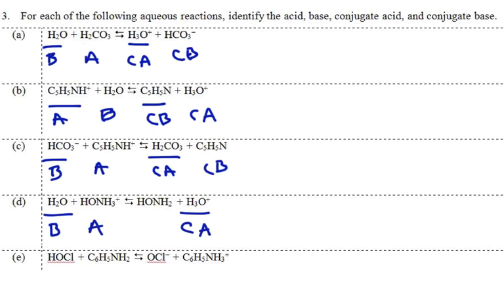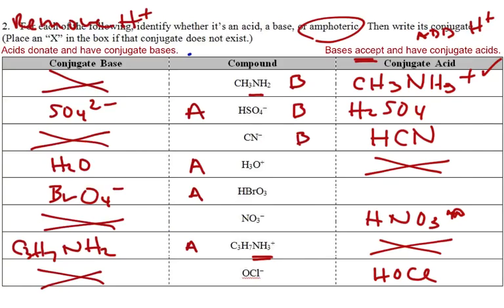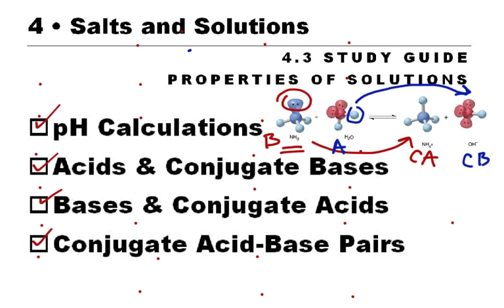So this must be an acid, and this will be its conjugate base. Finally, we'll take the underlined HOCl. To turn into OCl minus, it had to donate, so it's an acid, and this is the conjugate base. And if that's an acid, this must be the base, and this must be the conjugate acid. And we recognize that as a base anyway because it's an amine. And that is everything that's in Study Guide 4.3.